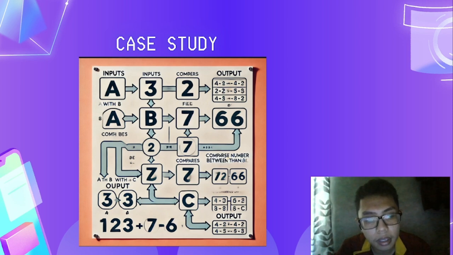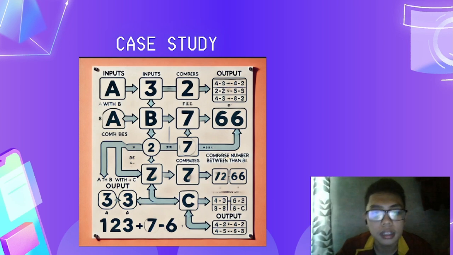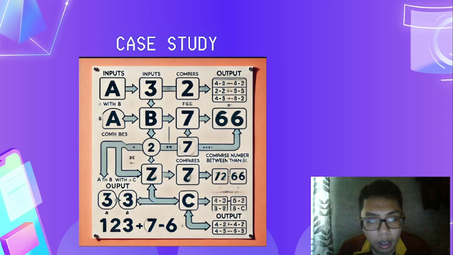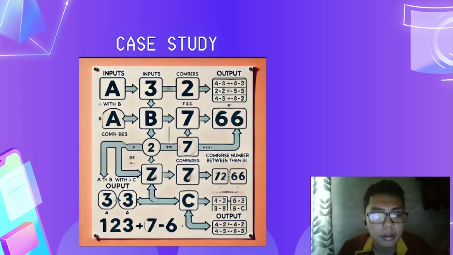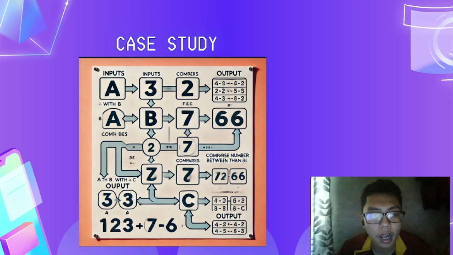The steps might be: first, we input the three numbers A, B, C. Number two, compare A with B. If A is greater than B, compare A with C; if true, A is the largest number. And number four, if not, compare B with C to find the larger number between them. The output of the algorithm is the largest number among A, B, and C.